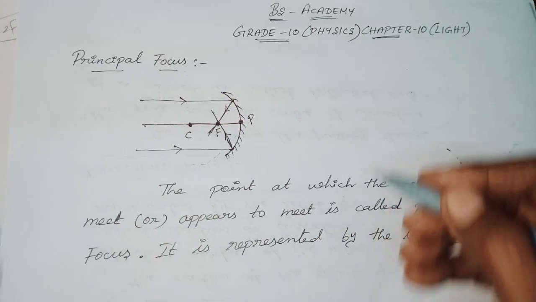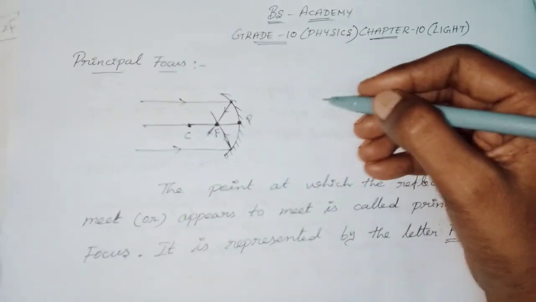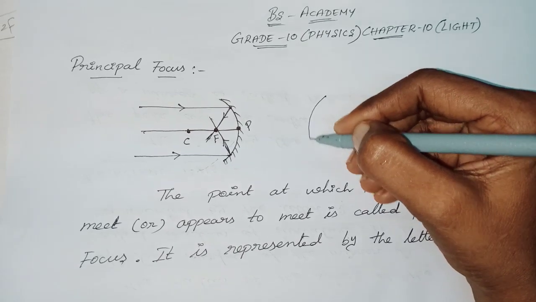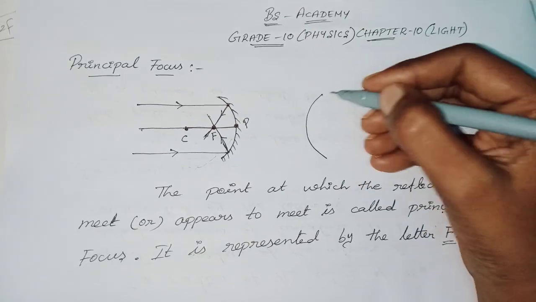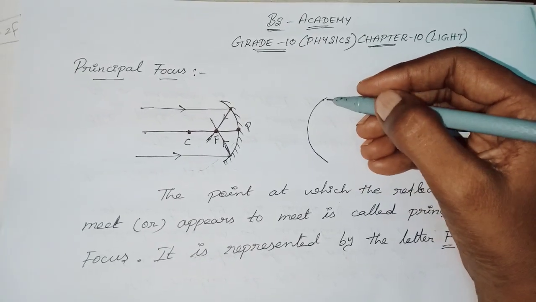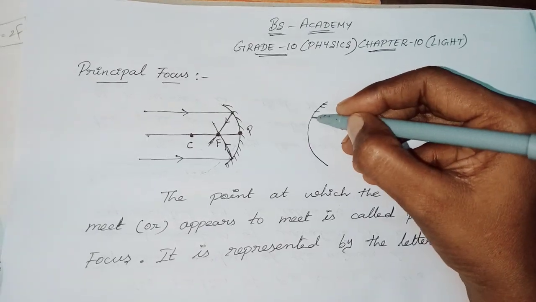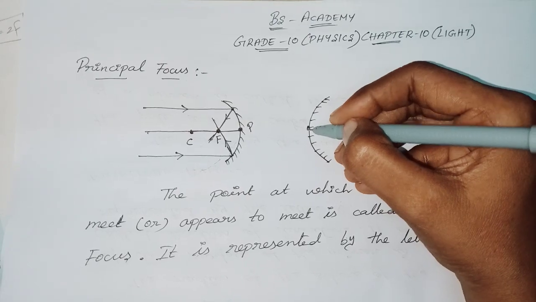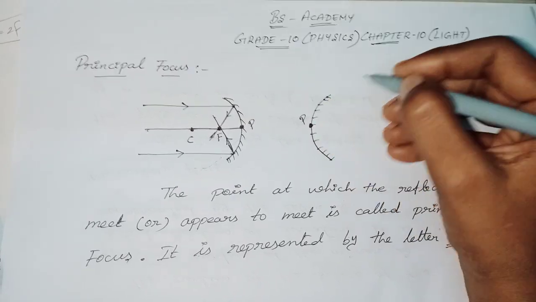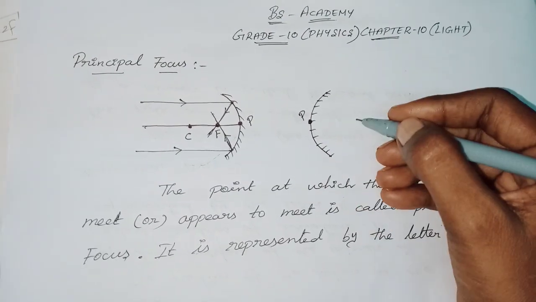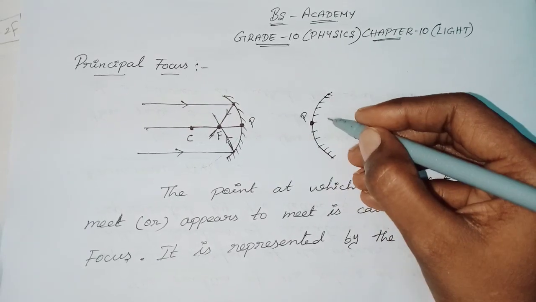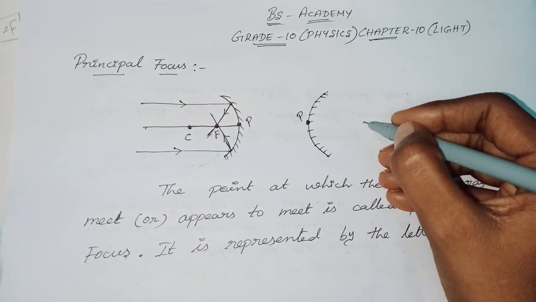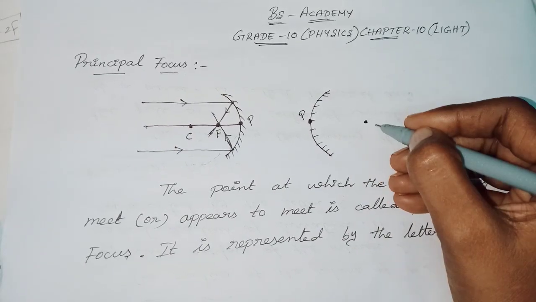So this is for the concave mirror. In the same way for the convex mirror. This is the convex mirror. We know this is the faded part of the convex mirror, and this is the pole represented by the symbol P. I already told you the center of curvature of the convex mirror lies on the right hand side.